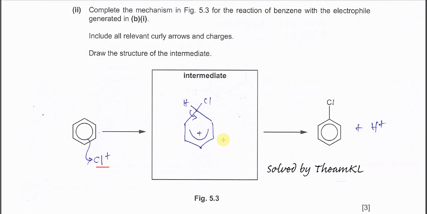In the intermediate, you must draw the hydrogen, the C-H bond here, and draw one arrow from the C-H bond pointing into the ring, to show that this pair of electrons will move to the benzene ring and restore the aromaticity. And of course, in this intermediate, you must show the partial positive charge here. So just draw a curve and a positive charge. After that, it will form this chlorobenzene and of course the H plus, the proton.